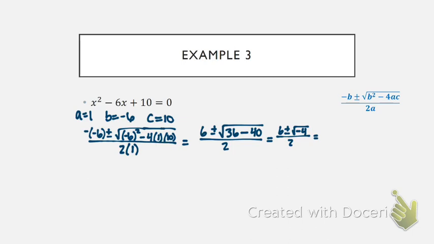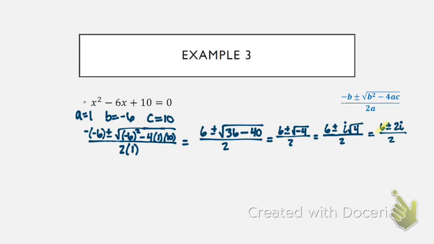Okay, so we've run into a negative square root, which is not good. So on Tuesday and in class today, we talked about discriminant. So the square root of negative 4 is just i times the square root of positive 4. So when you have the square root of a negative number, just turn it to positive and put an i out front. So 6 plus or minus the square root of 4 is 2, so it's 6 plus or minus 2i over 2.